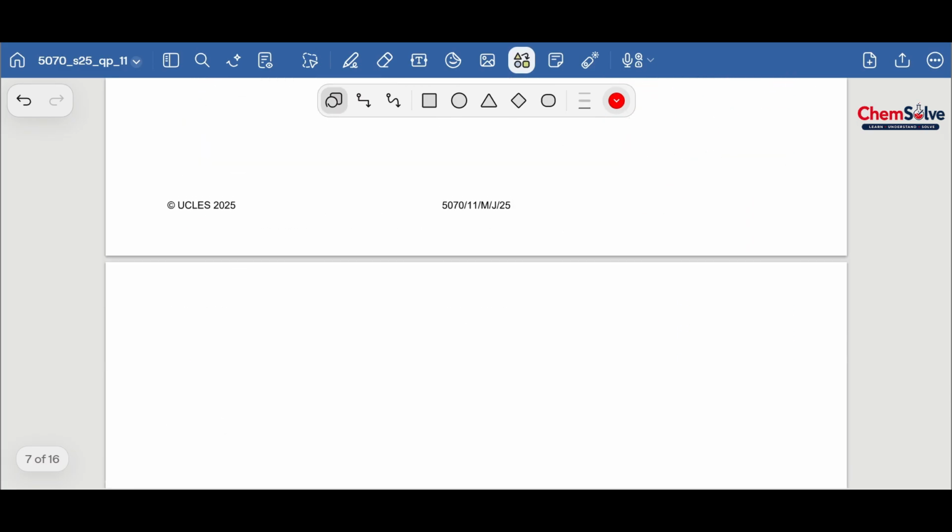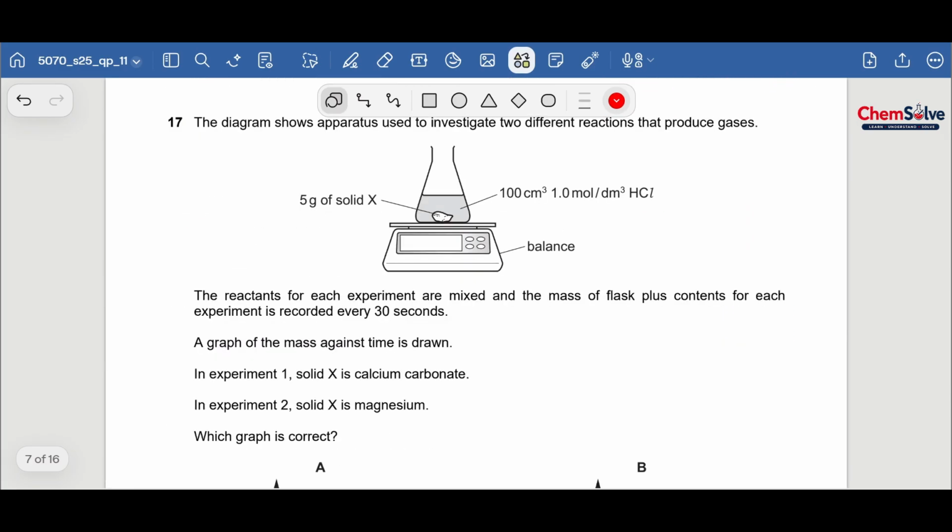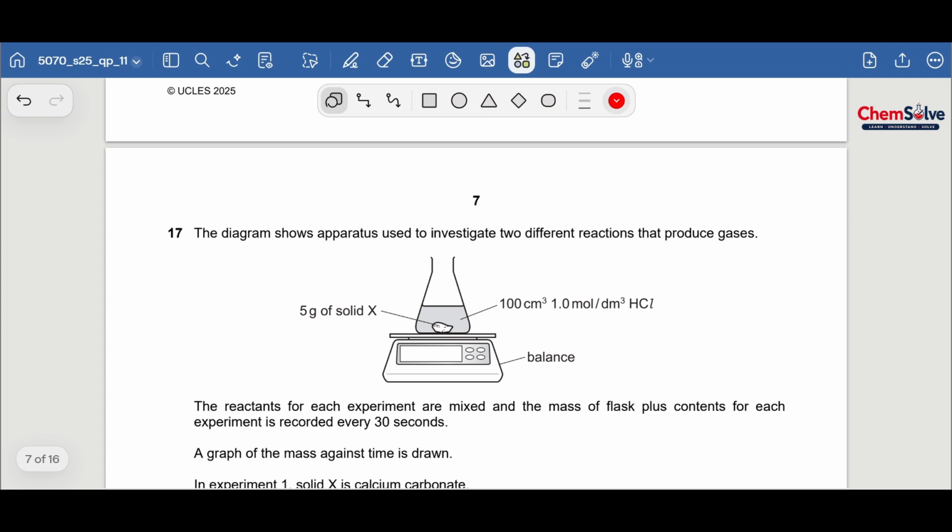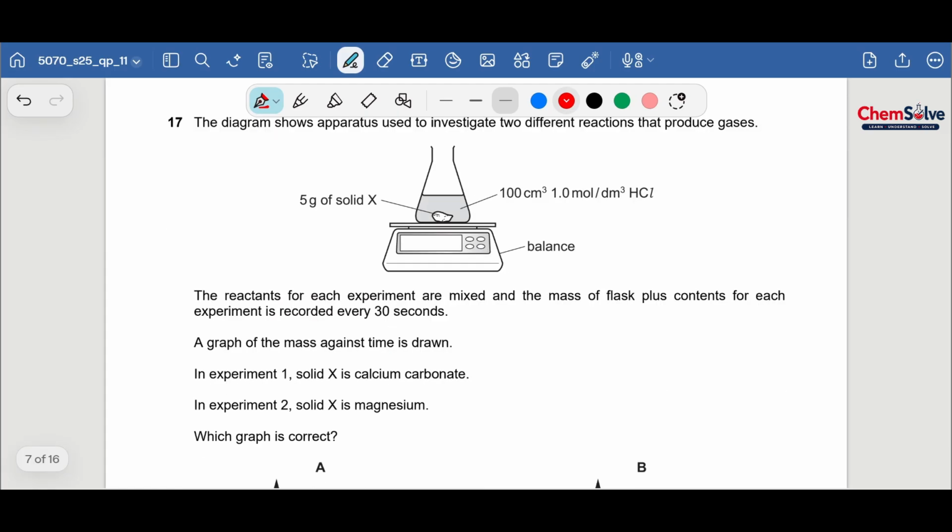Okay, let's move to the next question. Question number 17. It says the diagram shows an apparatus used to investigate two different reactions that produce gases.